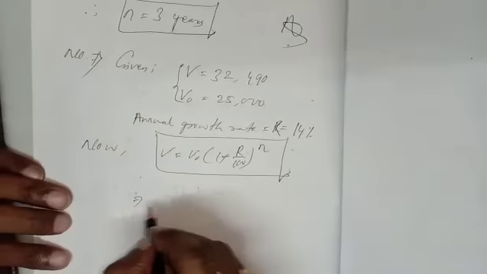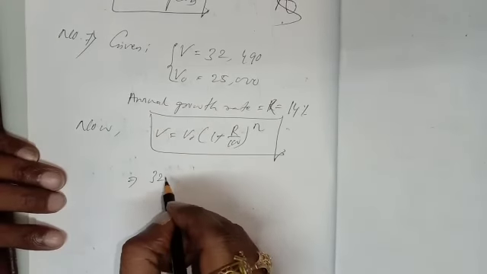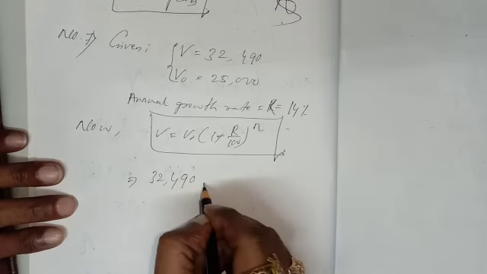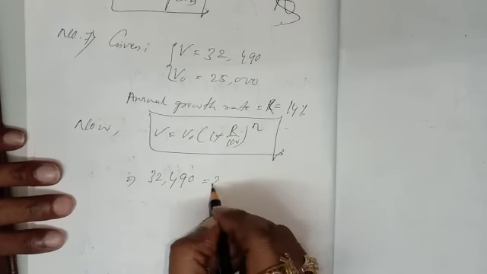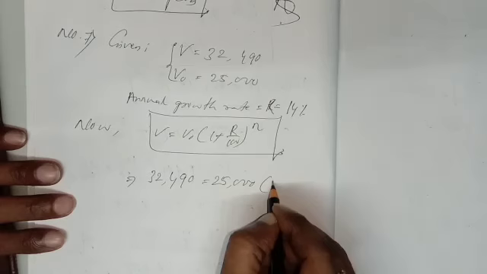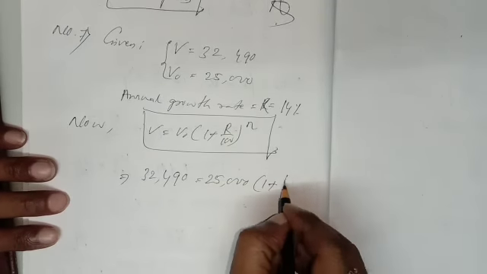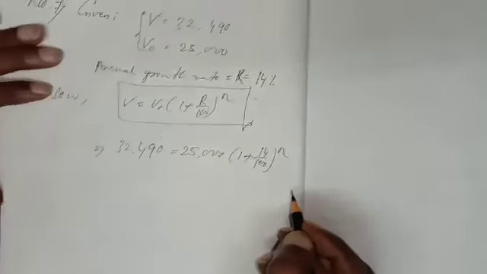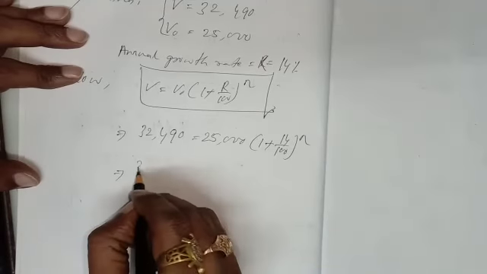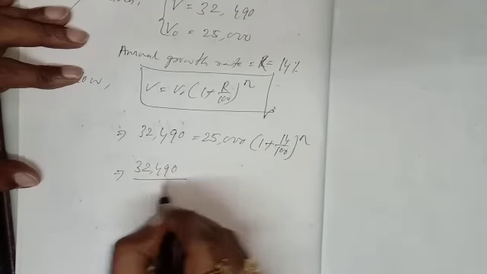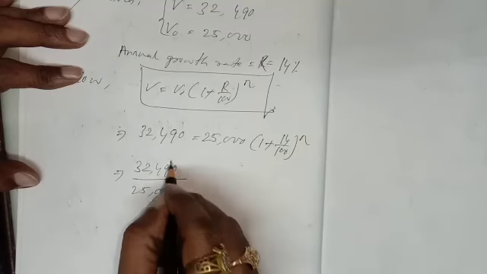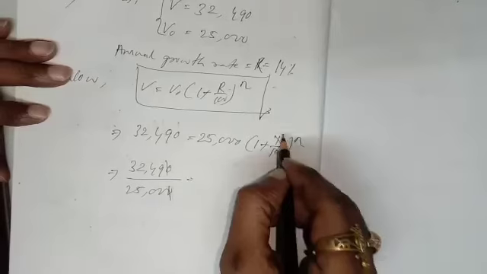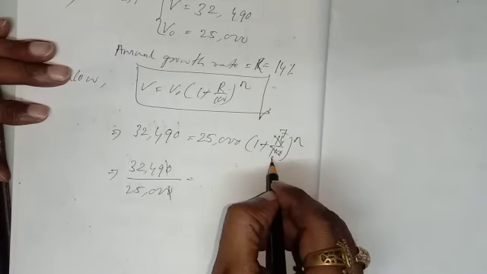Here V is 32,490 and V0 is 25,000, (1 plus 14 by 100) whole to the power n. Time is not given, you have to find the time. Now just divide 32,490 by 25,000. One 0 cancels, it will go by 2, 250.